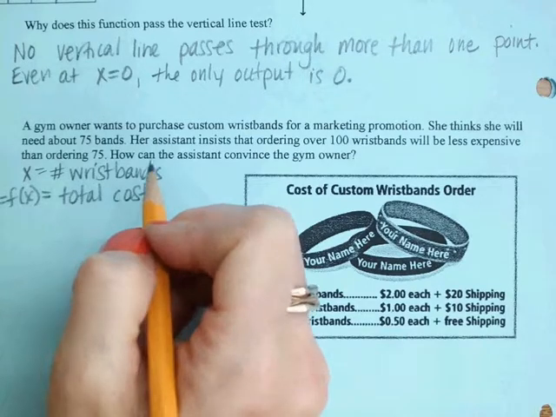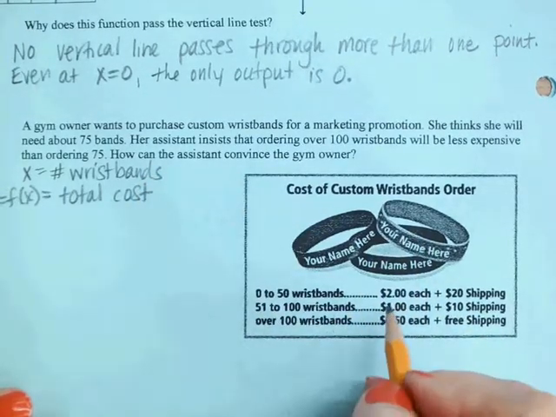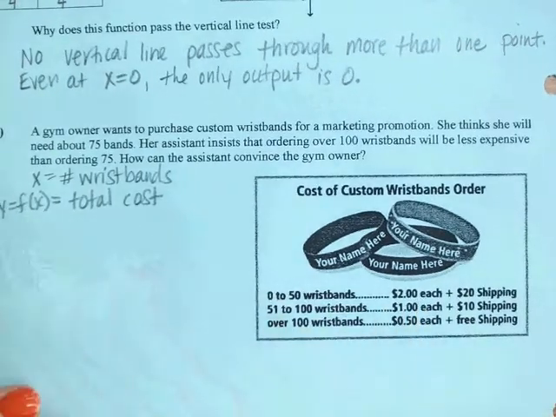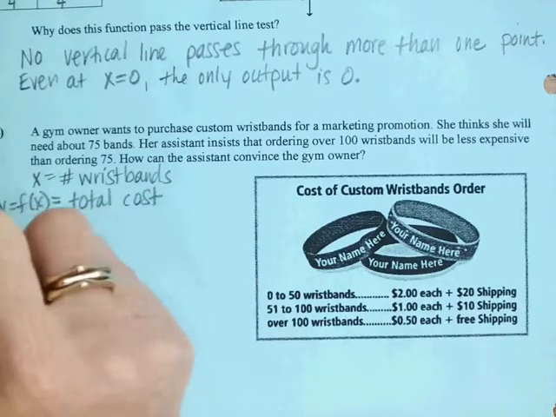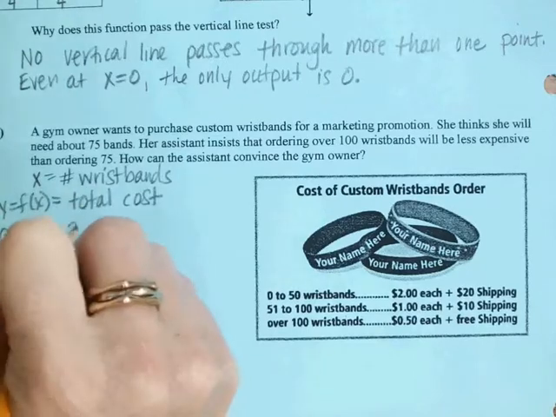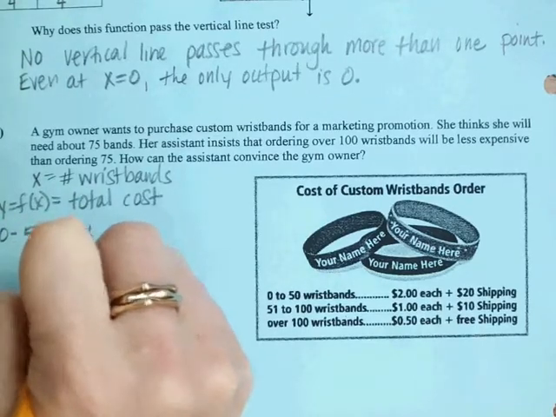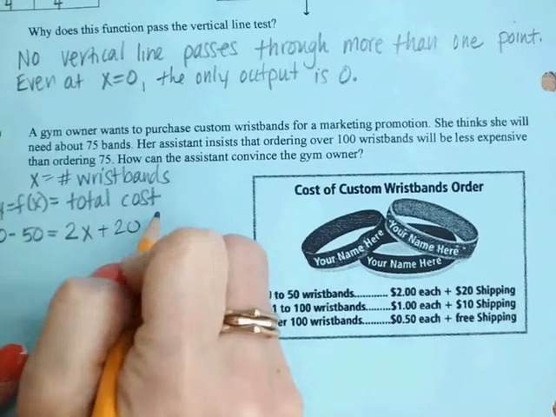Okay, so we're going to rewrite this bit of information in the table, the advertisement, whatever you want to call it, as somewhat of functions. If we have 0 to 50 wristbands, it's going to be $2 times that number of wristbands, plus $20 shipping, right?